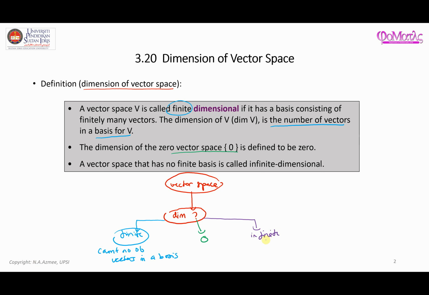When you have infinite dimension, of course, it is just the opposite of the finite case. So in the infinite category, that means you have no finite basis, as written up here. So there you go, three categories of the dimension of a vector space.